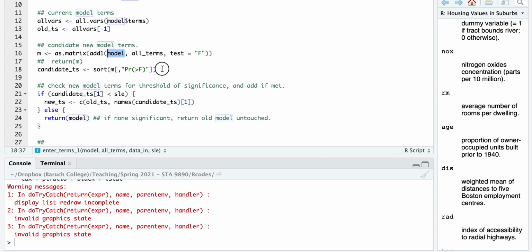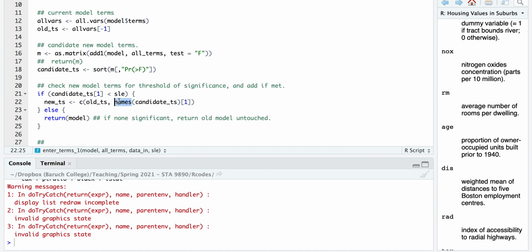So here we sort the p-values from smallest to largest. Then we look at the smallest one, right? We look at the smallest one. And then if the smallest one is less than the entering threshold, then we say, okay, here are the old predictors.